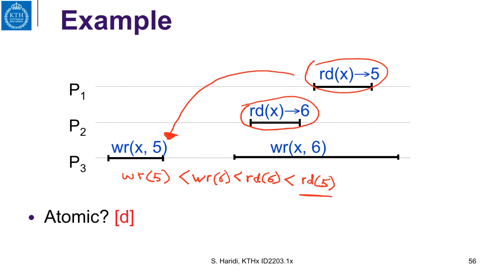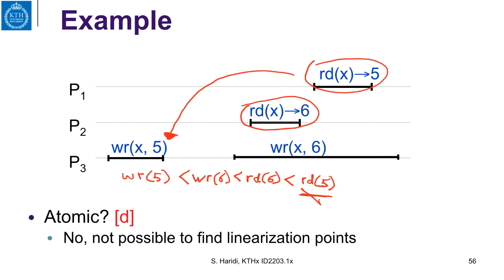So this result here is not legal in a sequential execution, because in a sequential execution you return the last value written. So this is not legal, which means that it is not possible to find linearization points for this execution.